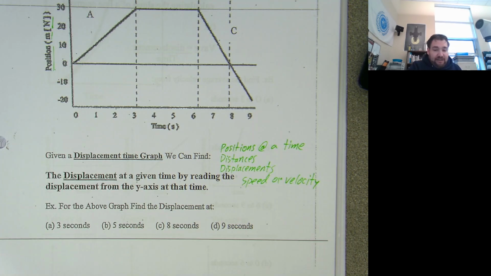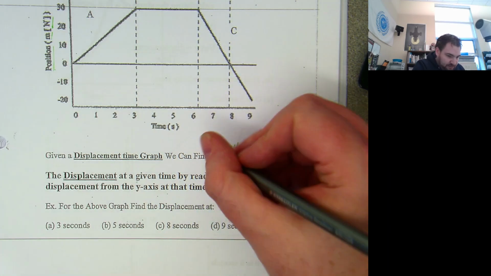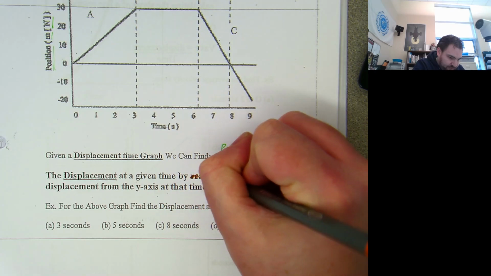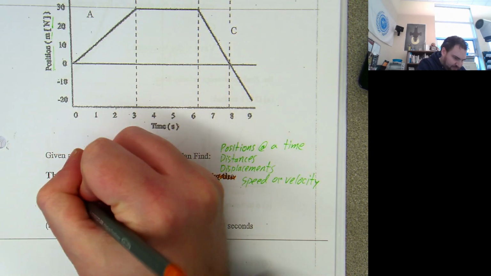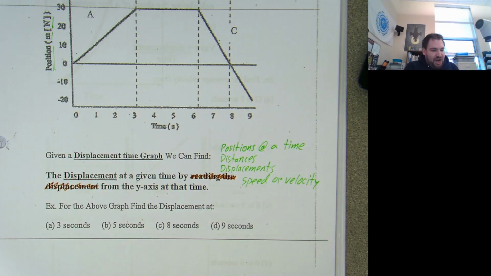So let's take a look at these things. Given a displacement, the displacement at a given time can be found by, let me scribble this up. We are not reading the displacement because it's not measuring displacement on the side, it's measuring position.